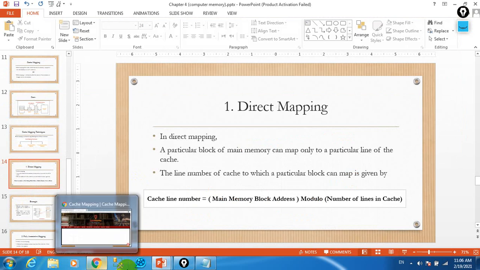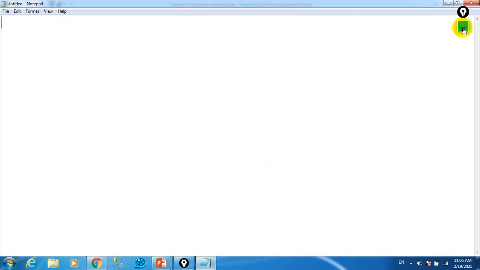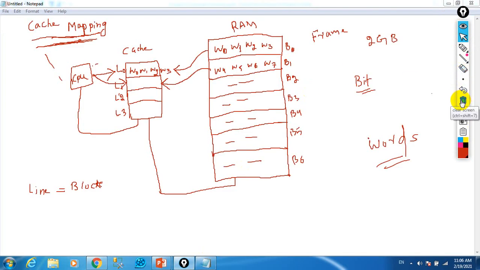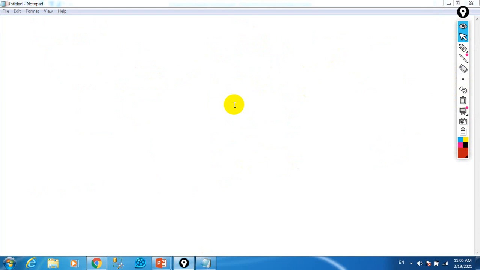So how is direct mapping working? Let me just draw the diagram for a direct mapping technique.